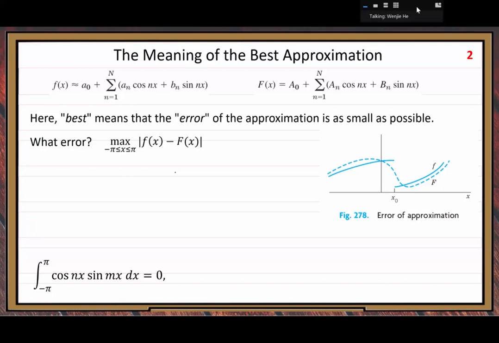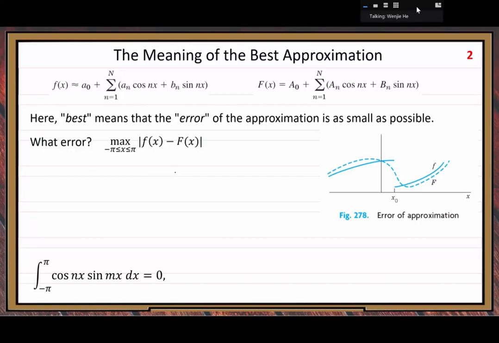The original function has a discontinuity. The capital F function must be a continuous function. A trigonometric function of degree n is continuous. So this dashed line, the graph of the dashed line, is a continuous function. Little f has a discontinuity at the x0 point.